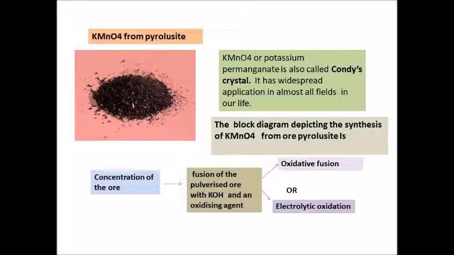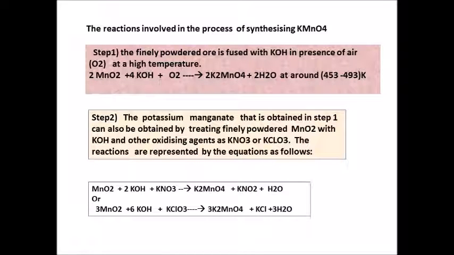Now let us see the reactions involved in the process of synthesizing KMnO4. First, the finely powdered ore is fused with KOH in the presence of air at a very high temperature. This is very easily achieved because we have only KOH and oxygen, and you get potassium manganate, K2MnO4. This is the oxidative fusion.